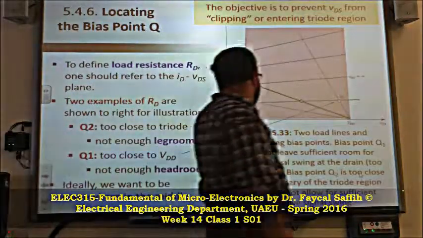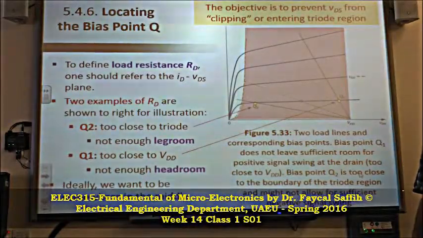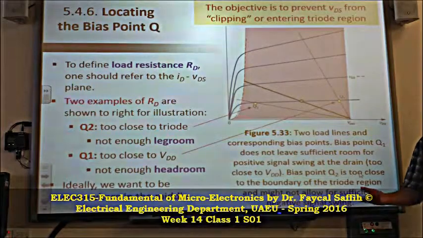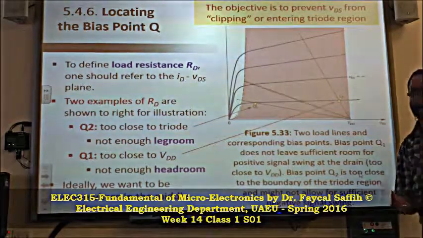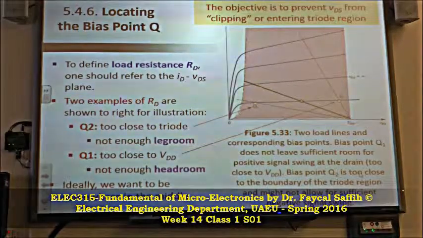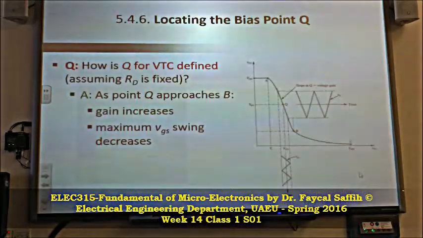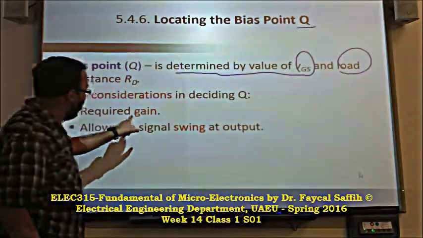Is this Q good or this Q good? Who determines the Q? Q determines what exactly? It determines the gain, yes or no?